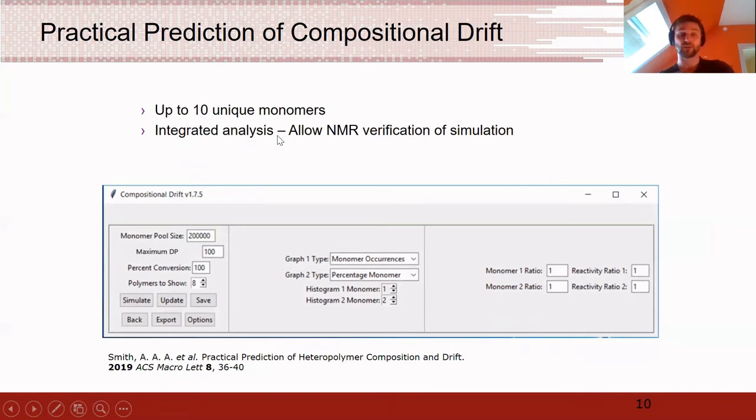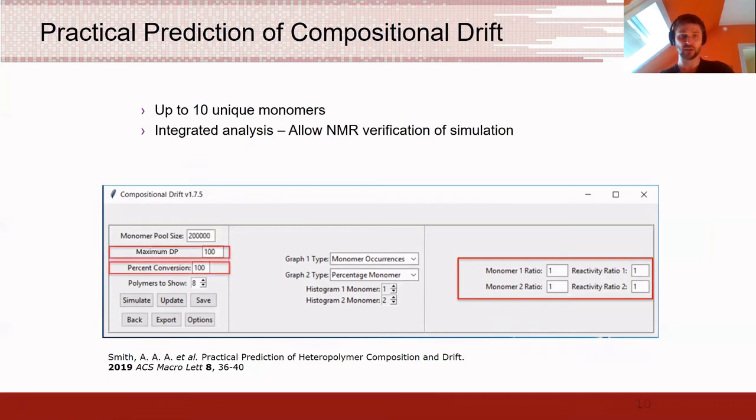If you have a drift and the composition matches what you see in NMR at the end, then you probably have the simulated drift on your polymers as well. So what you need to put in is the target degree of polymerization of your polymers, the percent conversion as said early on, the monomer ratios and the reactivity ratios.